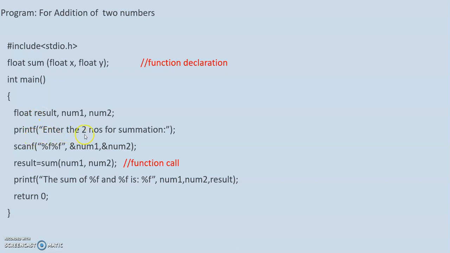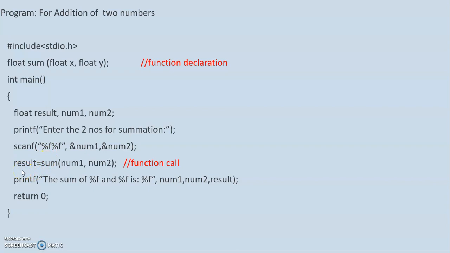Printf, enter the two numbers for addition. Scanf with %f. Since we have declared num1 and num2 as float types, we accept the numbers from the keyboard through %f.